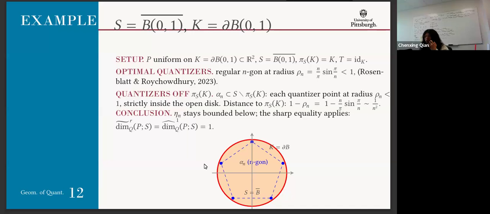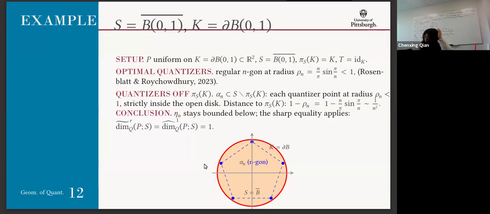So the condition L, the lower bound condition, automatically holds. In this case, we can conclude that the upper and lower quantization dimensions coincide with the dimension of the unit circle, which is one. And this is the textbook case where everything exactly works.